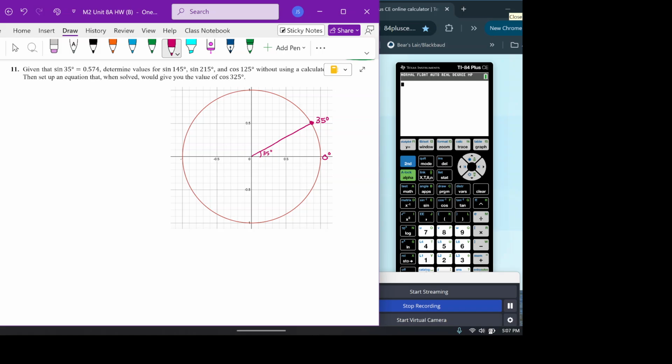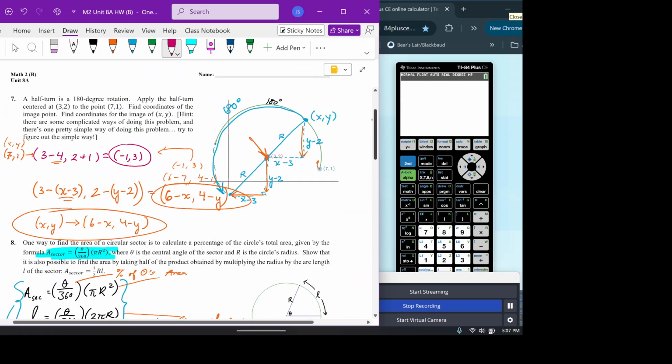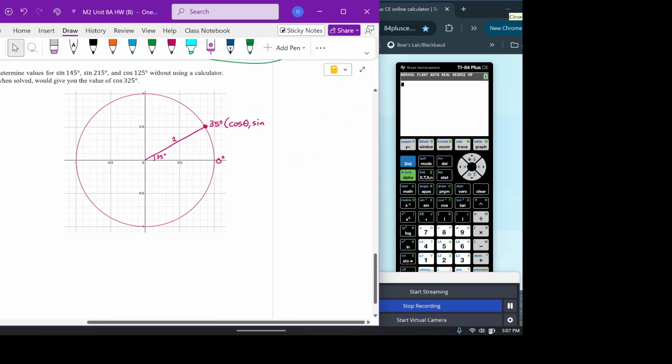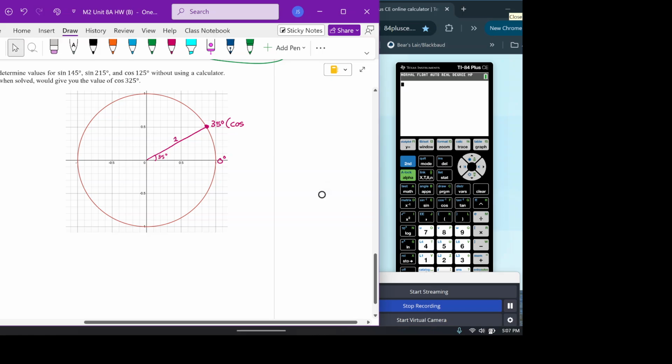And remember, this is a unit circle right here. If you didn't notice, the radius is 1. And since the radius is 1, this coordinate right here is really cosine theta, sine theta. It's really cosine 35, sine 35.